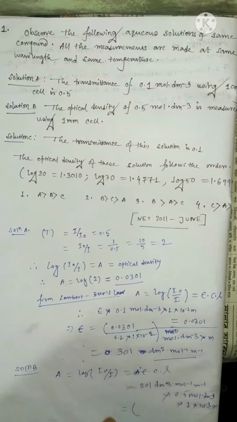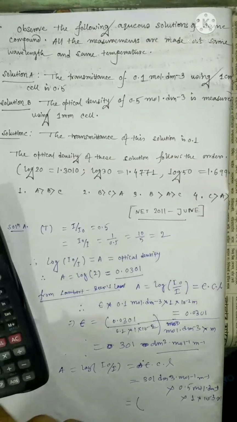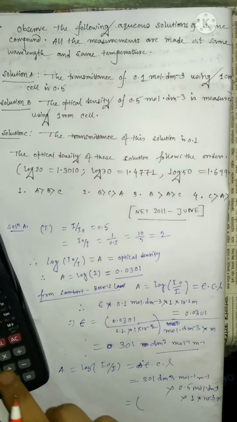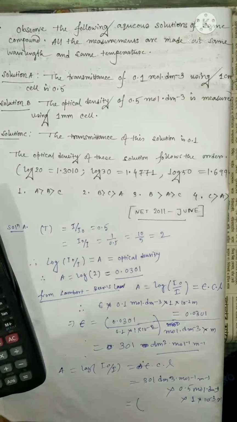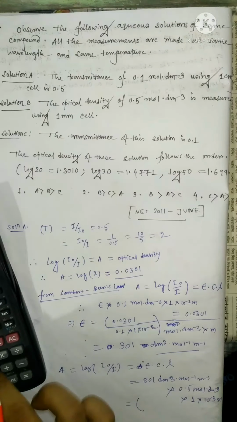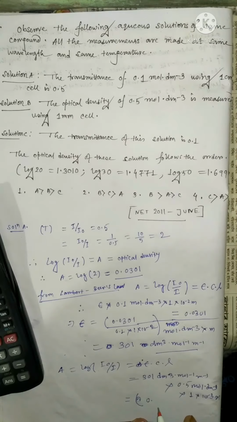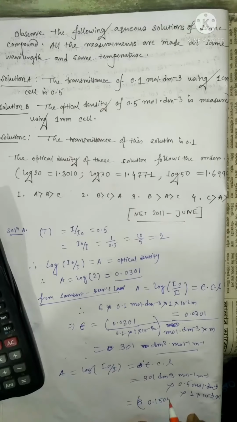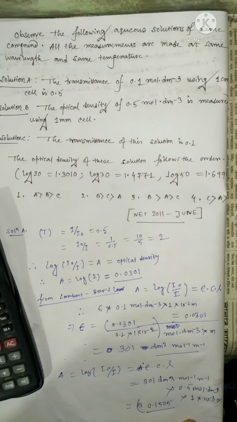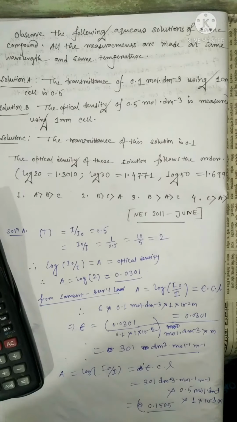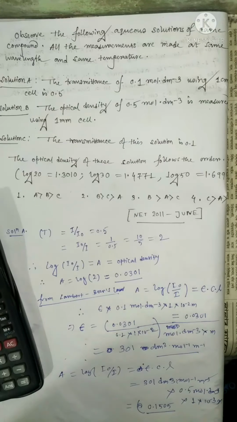So the value is 301 into 0.5 into 10 to the power minus 3, which is 0.1505. For solution B, the optical density value we get is 0.1505. Here units cancel out. Clear.